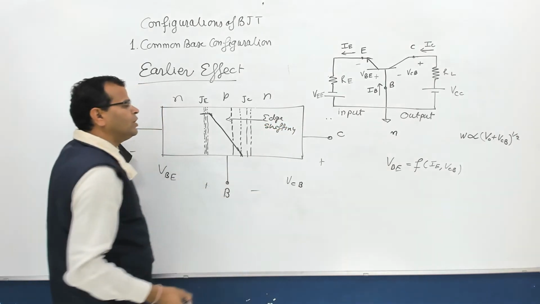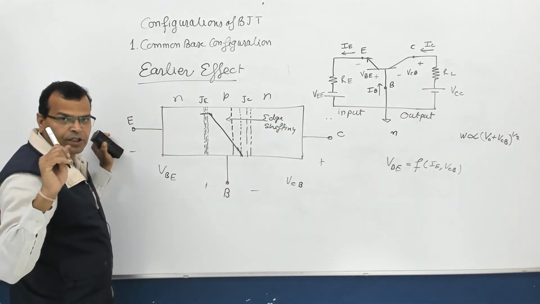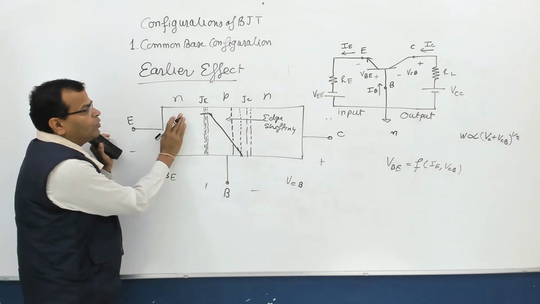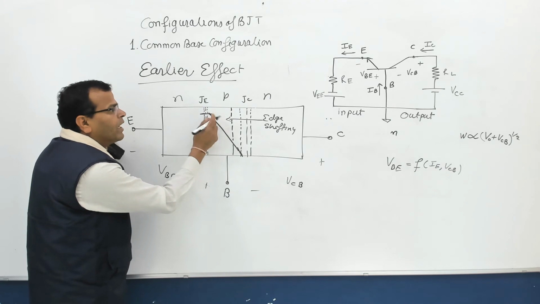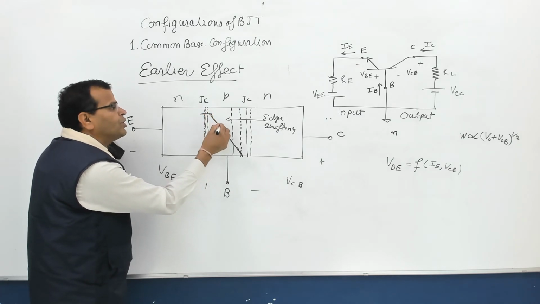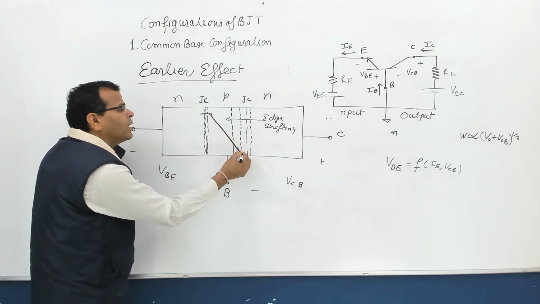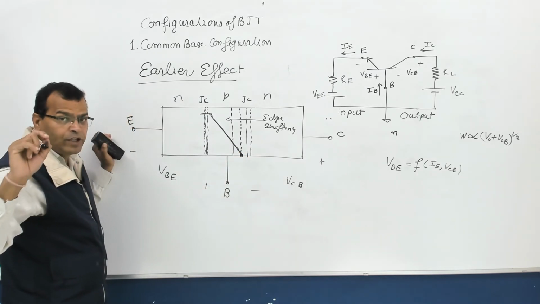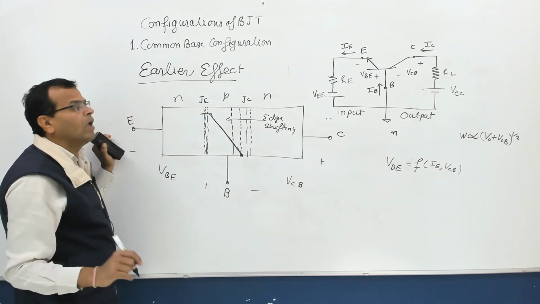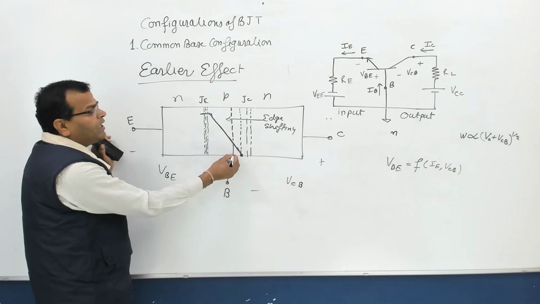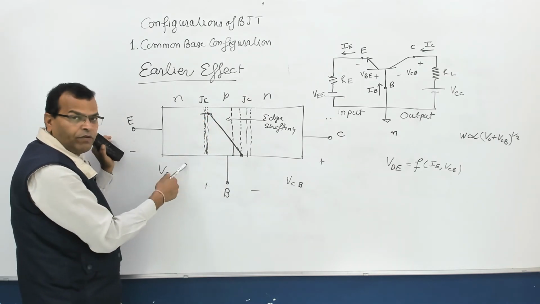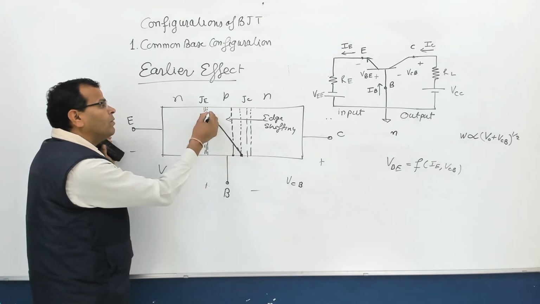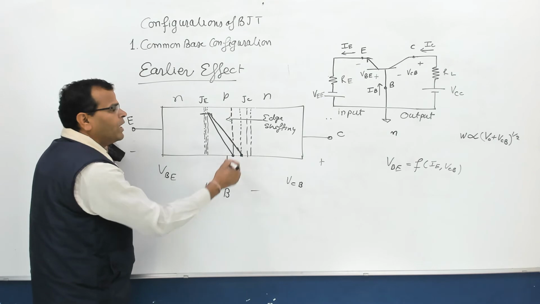So when your edge is shifting, remember the concentration of minority carriers, here electrons which were injected from emitter to base region, decreases like this and becomes 0 at the edge of the depletion layer. When you are shifting edge this way, this remains same. Why? Because I am not changing VBE, but here the edge is shifting, so concentration will become 0 at this point.